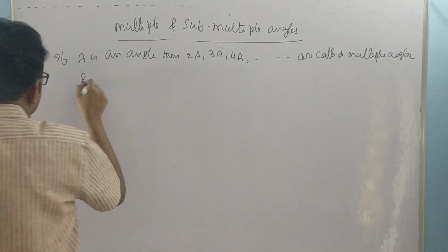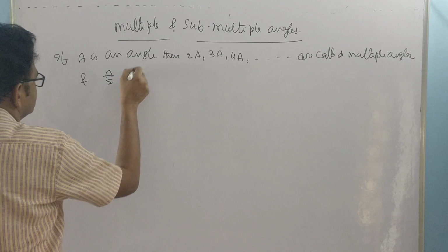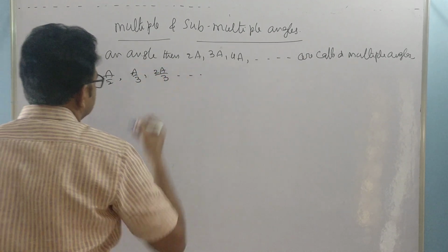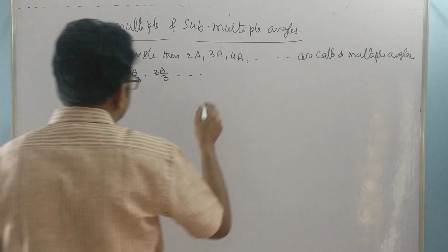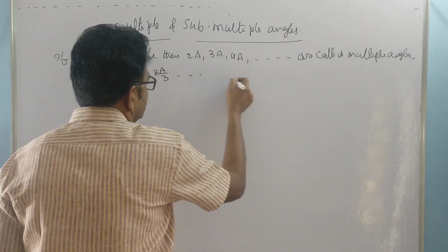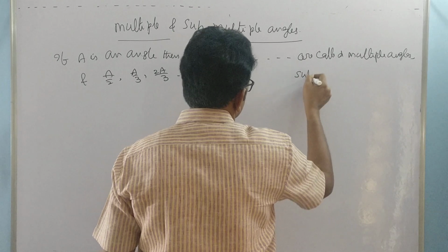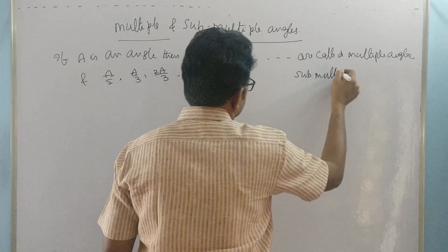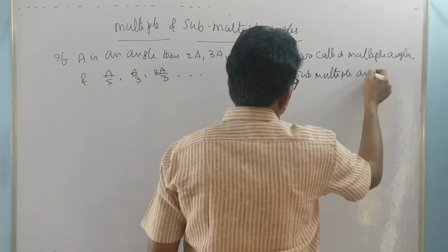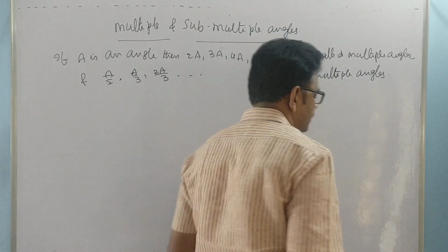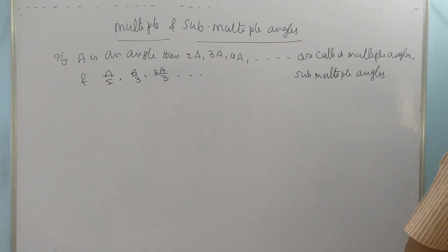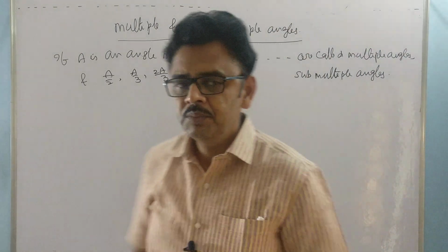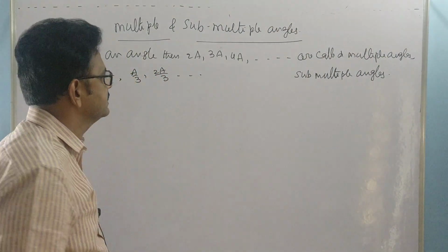And here A by 2, A by 3, 2A by 3, 3A by 2 and so on are called submultiple angles of the given angle A. Okay, multiple angles and submultiple angles.